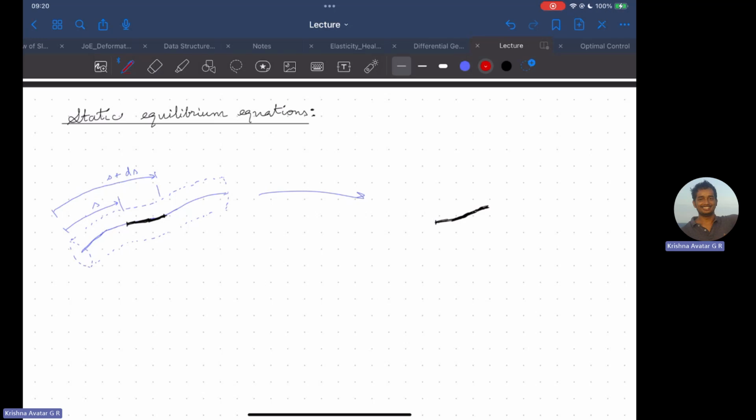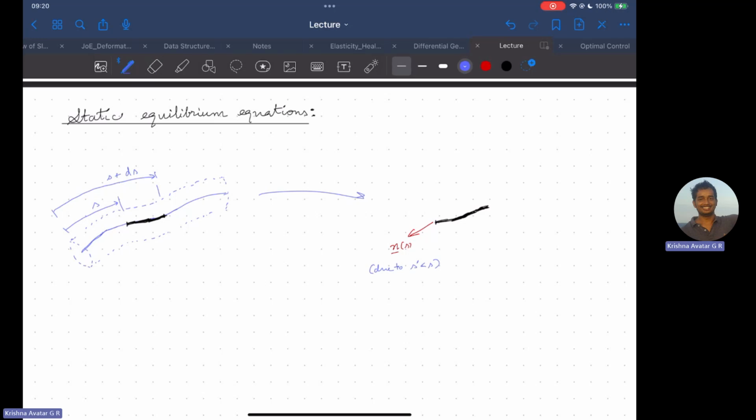Now, we assume that this has some internal force N of s, which is pulled by the part for s prime less than s.